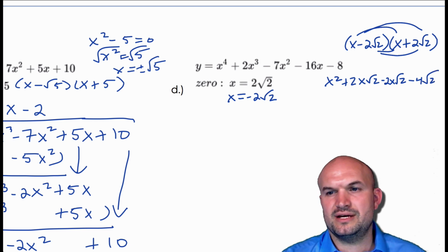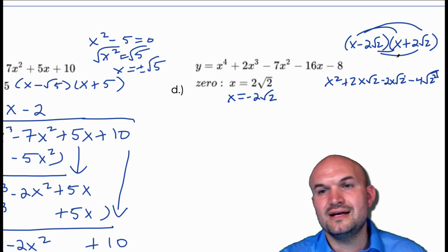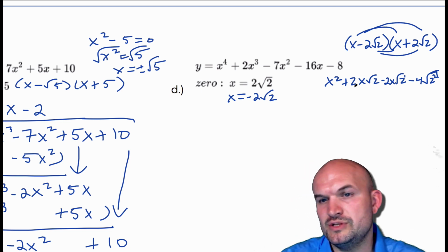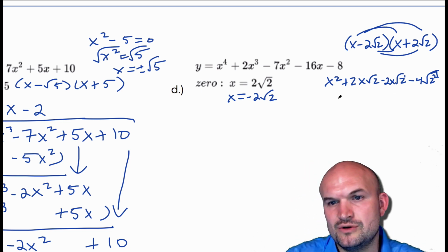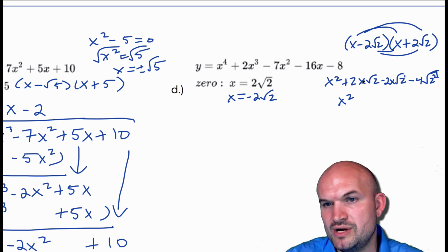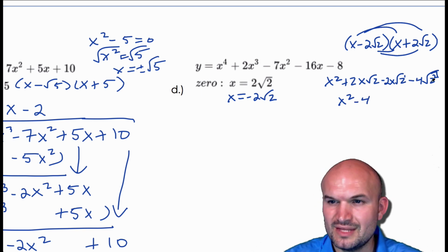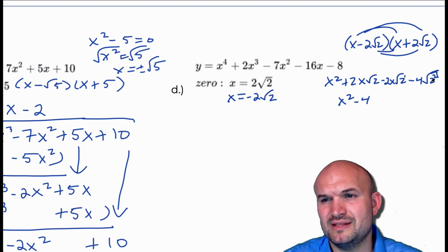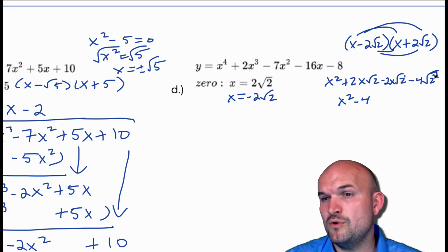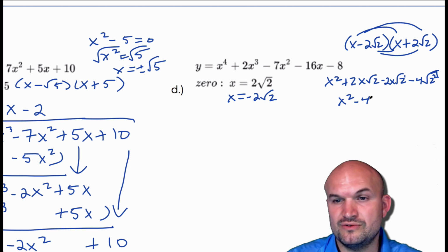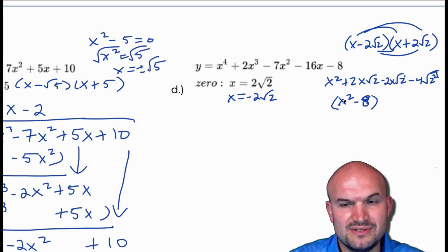This is a difference of two squares, so hopefully you would notice that these middle terms go to 0 anyway, and you're just left with x squared minus 4 times 2. Square root of 2 squared is 2, so it's really going to be x squared minus 8. Okay, so those are my zeros, that's my factor.